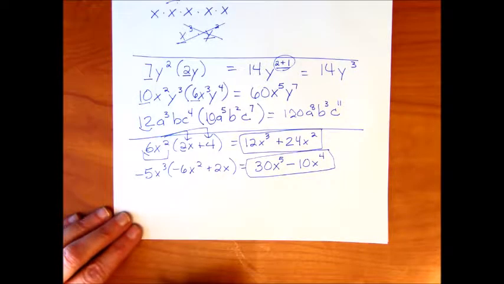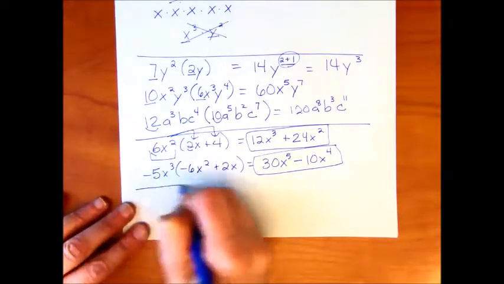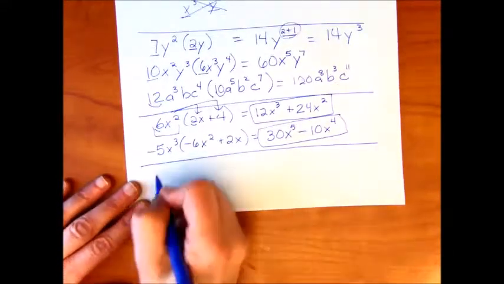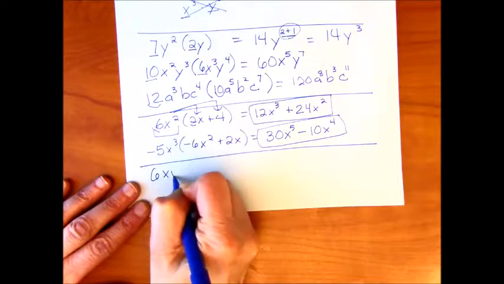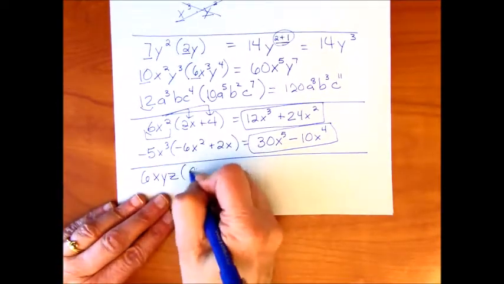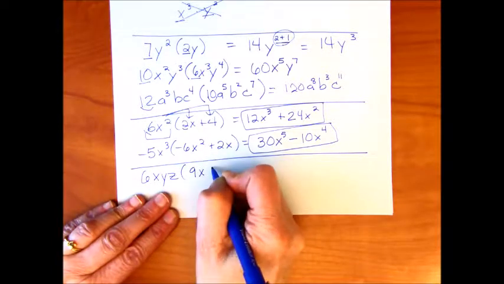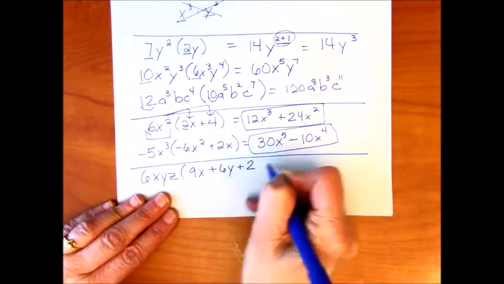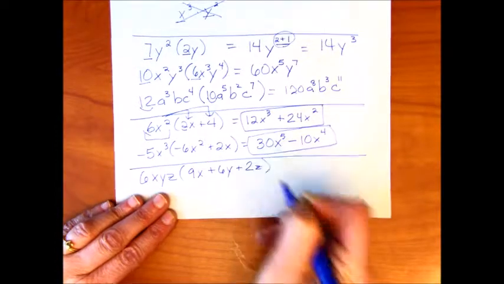And let's see, I think I have, let's do a monomial times a trinomial. So in this example, we have 6xyz, and we're going to multiply that to 9x plus 6y plus 2z.